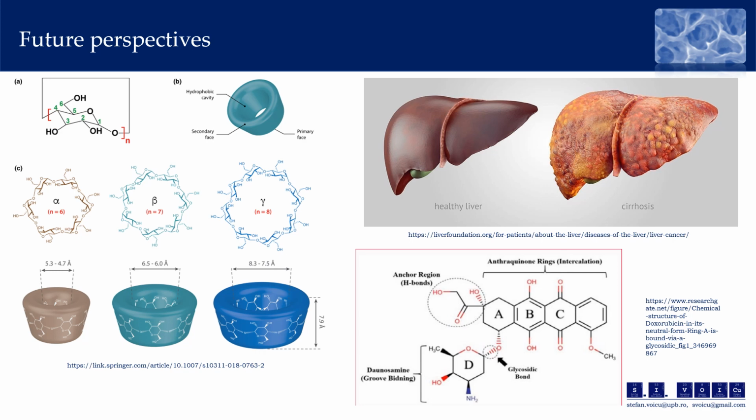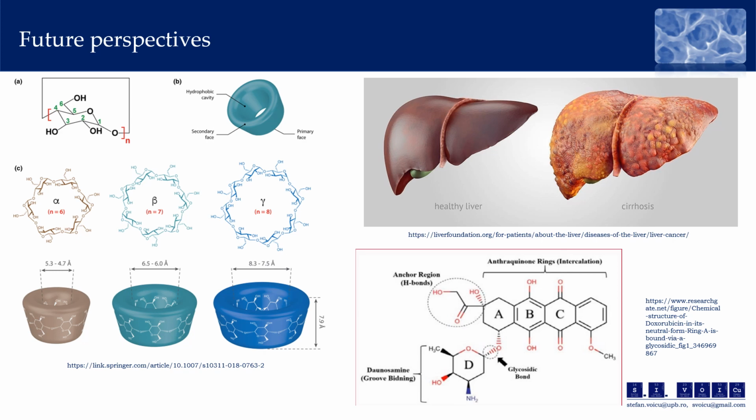Why? Because approximately 20% from the patients with chronic kidney disease will develop during their lifetime a form of liver cancer due to the high concentration of toxins in their blood.